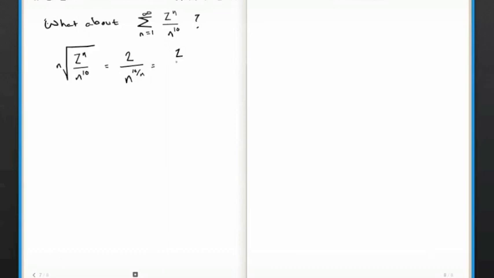That equals 2 over n to the 1 over n, and this whole thing raised to the 10th power. And I know that that equals 2 over 1, which equals 2. So this means it diverges.